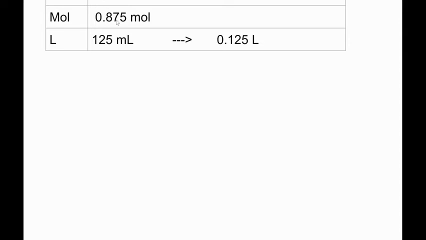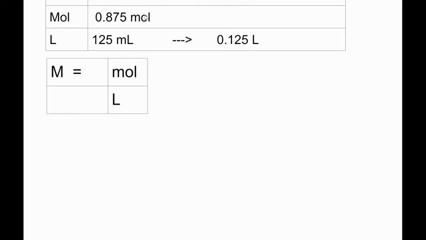We already have our solute in the right unit of moles. We're going to need to make sure we convert milliliters into liters. Doing that, we're going to divide by 1,000 or move our decimal 3 places to the left, changing 125 milliliters into 0.125 liters. Now we need to check our equation. Our base equation is molarity equal to moles divided by liters.